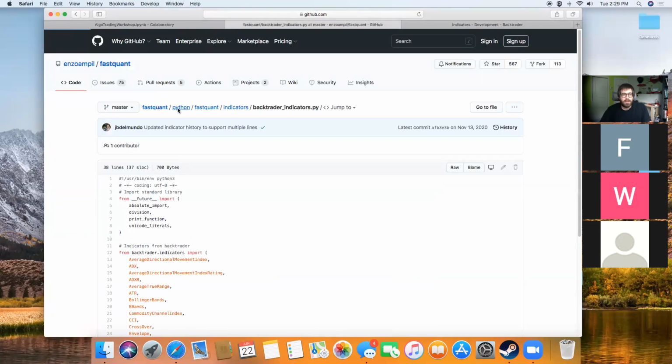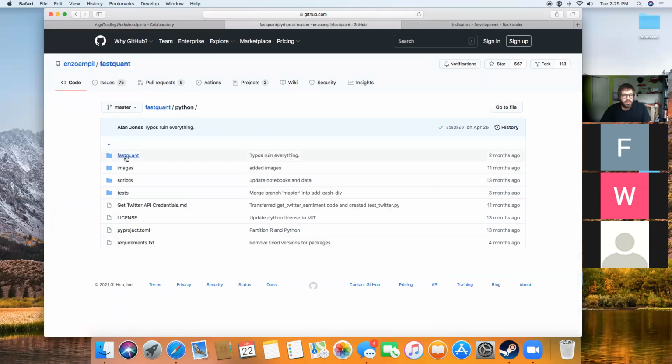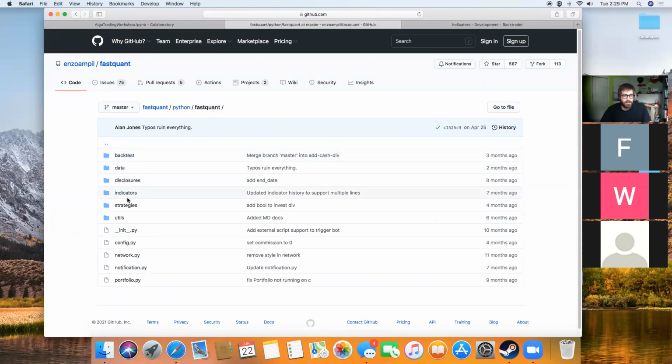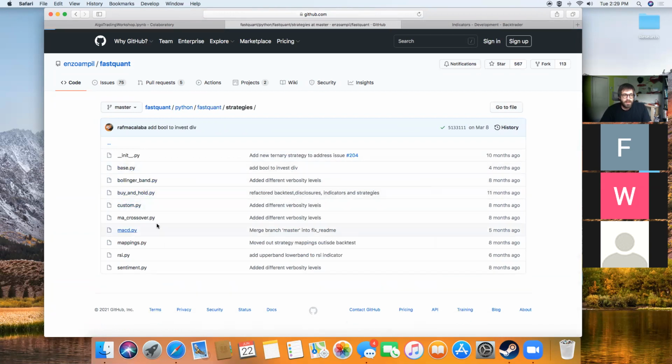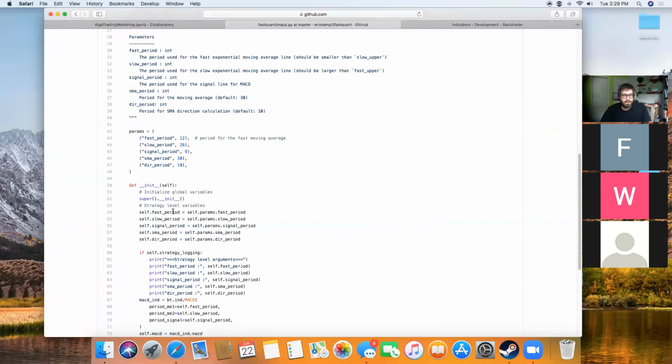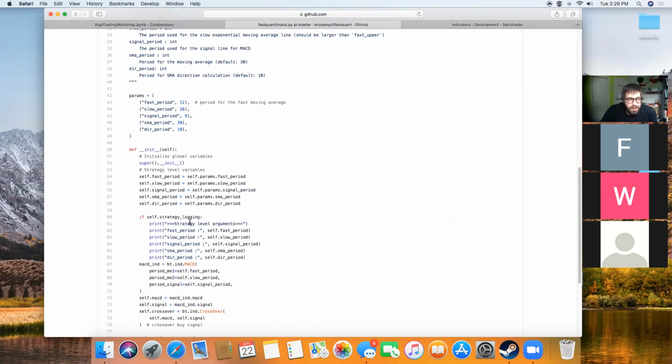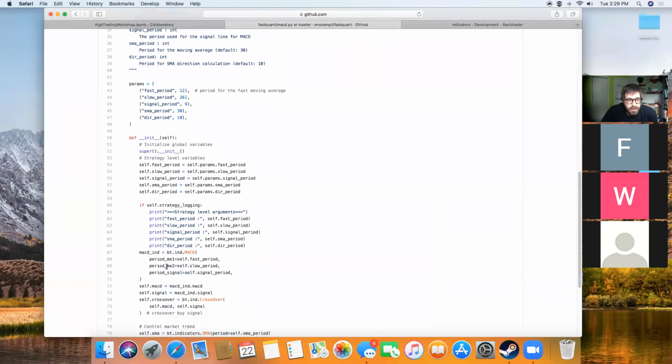I'm going to cheat a little bit and look at the source code of the implemented one just to know how to use the MACD. So strategies, MACD. Okay, so it takes the period ME1 and period ME2 and period signal. Are these things familiar with you guys? Yes. Okay.